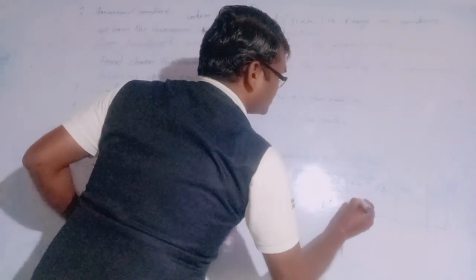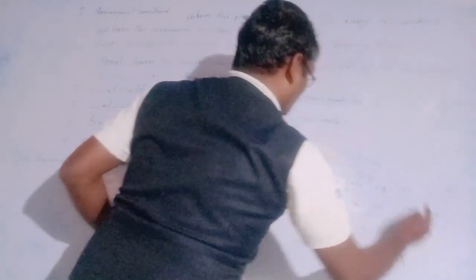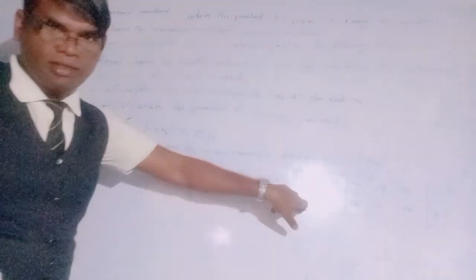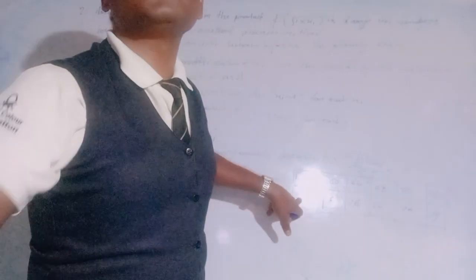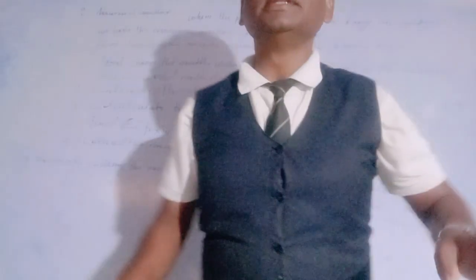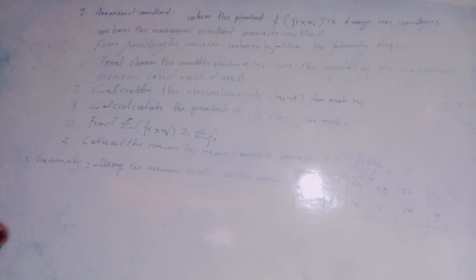The number of plants is given as 5, 16, 14, 20 and 9. Got it? These are given as a table. With the help of the table we will try to solve each question.